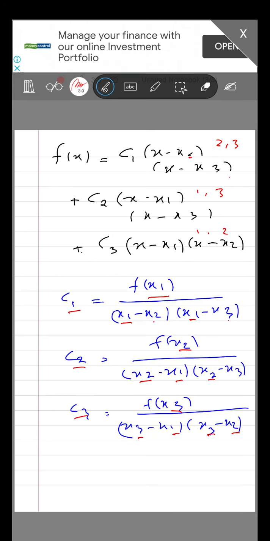And you can actually write the whole polynomial then in the concise form.